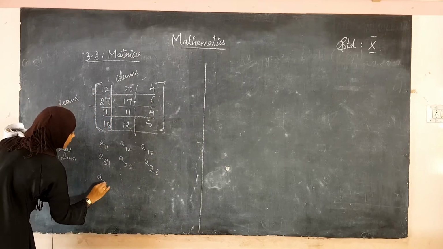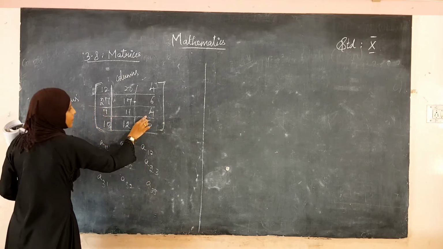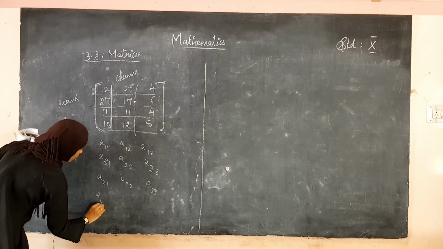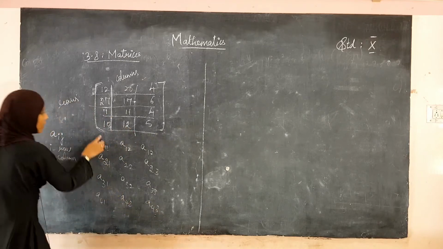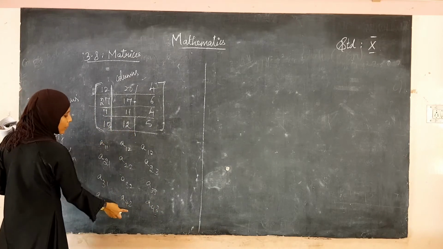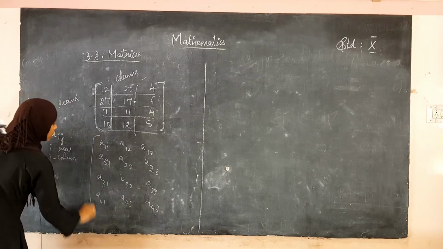Similarly, you can write for the others: A31, A32 and A33. A33 means third row, third column. Again A41, A42, A43: fourth row and first column, fourth row and second column, therefore A42, and fourth row and third column, therefore A43.